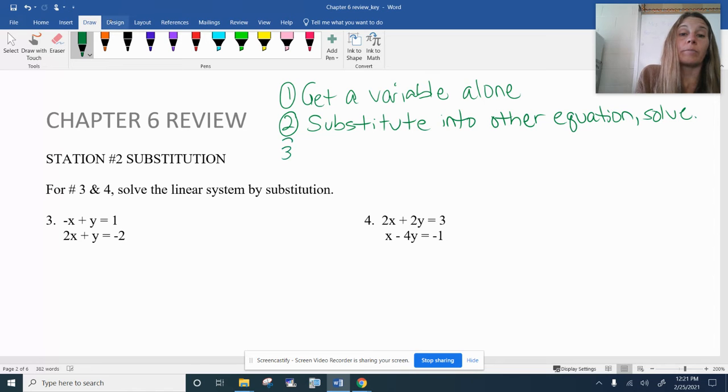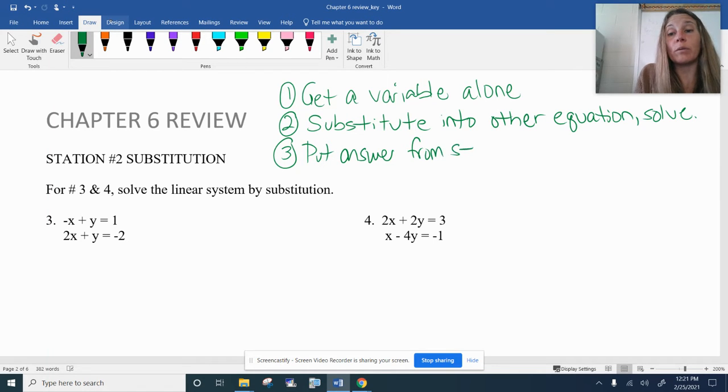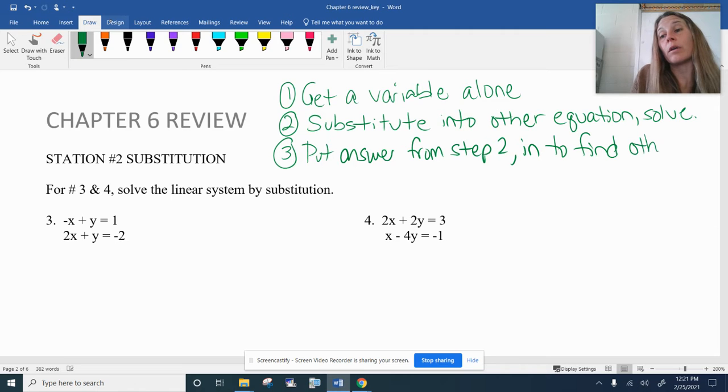And then put the answer from step 2 back in to find the other variable.